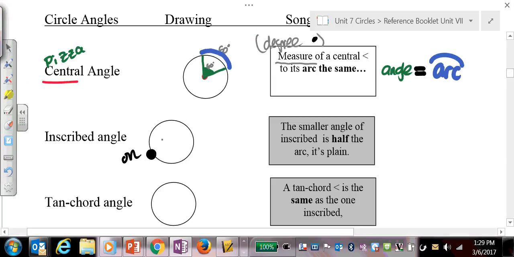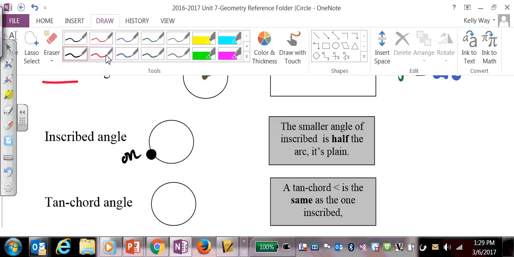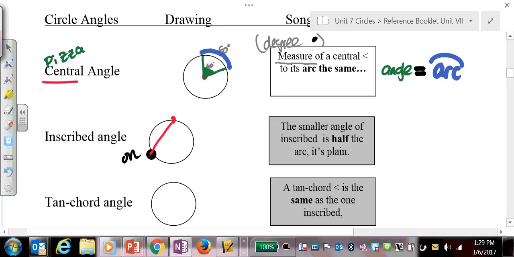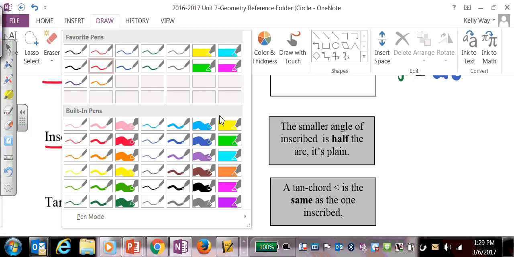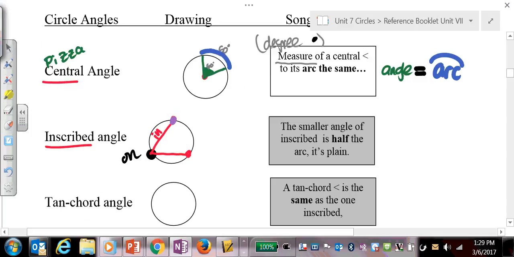On. It's on the circle, and then the arms are in the circle. See what I mean by vertex on, arms in? That's called inscribed. If you were to trace it, the arms are in, but the vertex is parked on the circle. It's inscribed.